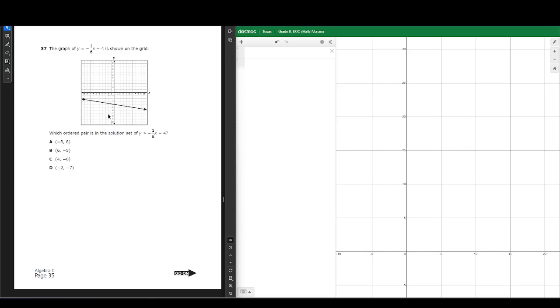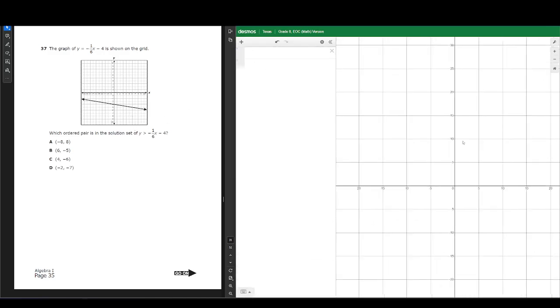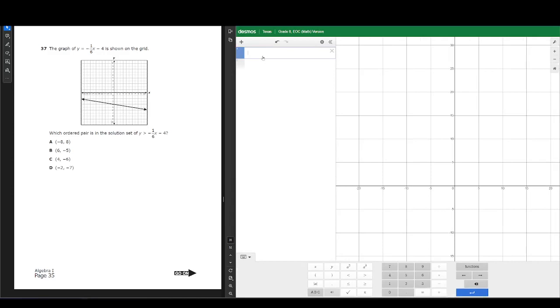So here's the thing, even like we did earlier with one of the problems, if you don't know how to solve this at all, just treat it like one of these things is not like the others. Like if you plot those 4 points by drawing it on your screen, here we can draw it on Desmos. So we can do y is equal to -1/6 x minus 4.